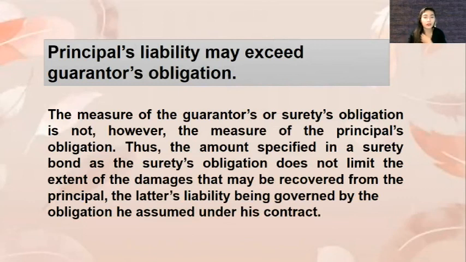The measure of the guarantor's or surety's obligation is not, however, the measure of the principal obligation. The amount specified in the surety bond as the surety's obligation does not limit the extent of the damages that may be recovered from the principal, the latter's liability being governed by the obligation he assumed under his contract.